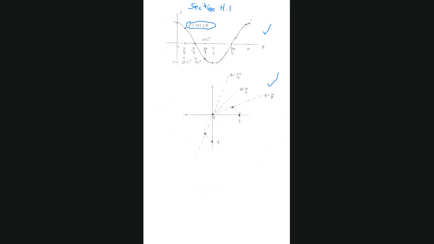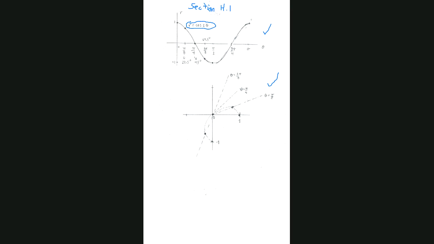That's fine, but there's another, more efficient way to graph a polar equation. What I've done here is graph r equals cosine of 2 theta.